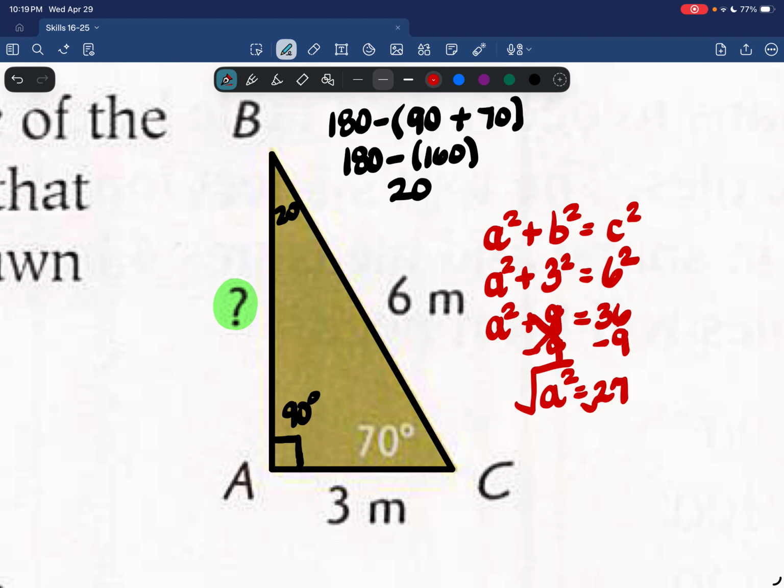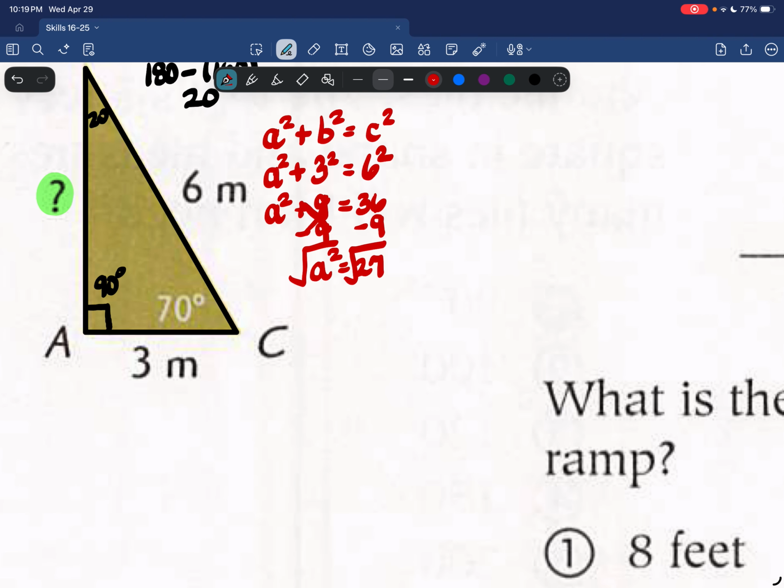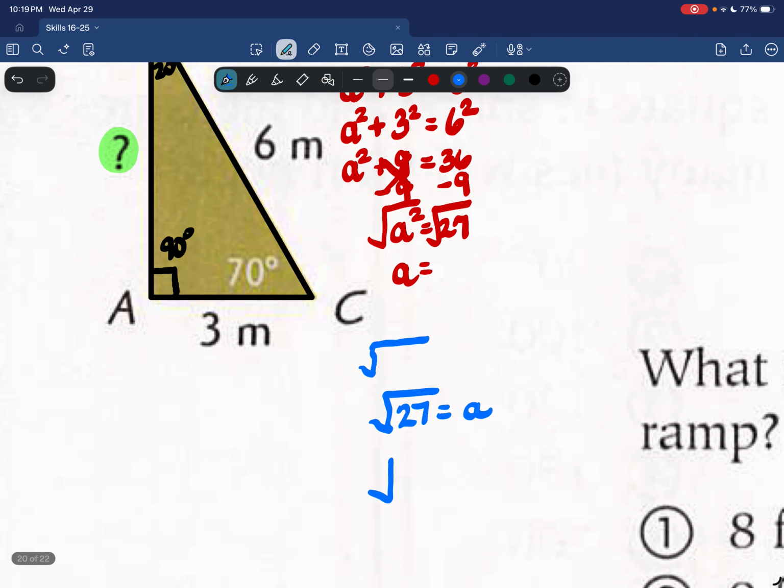So I have to take the square root, and I do not have a calculator. So here's how you get around that if you don't have a calculator. The square root of 27 is what we're looking for. That's going to be our A. Go to your nearest two perfect squares.